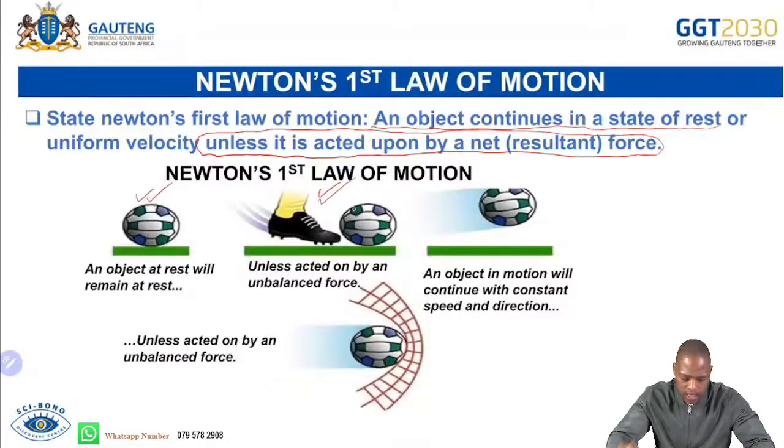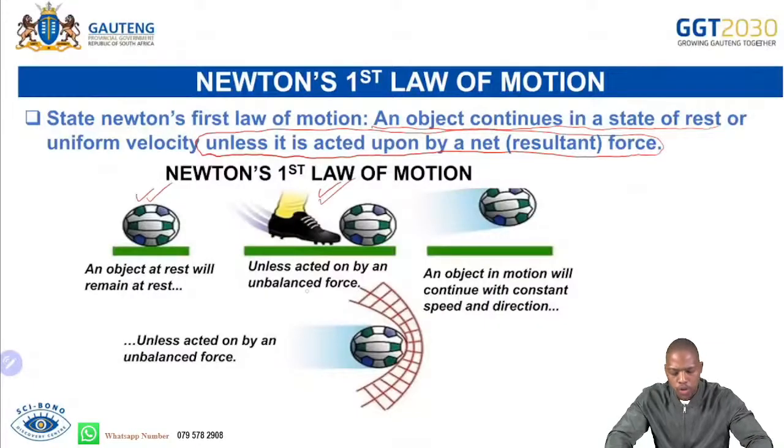When the player starts kicking this ball, he's exerting a net force. Then after exerting a net force on the ball, the ball will change its state. It's no longer continuing in a state of rest. It now starts doing what?